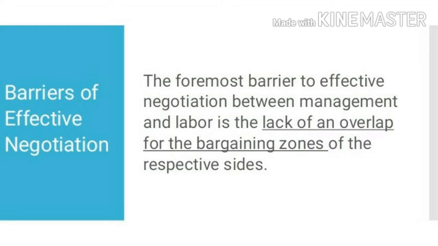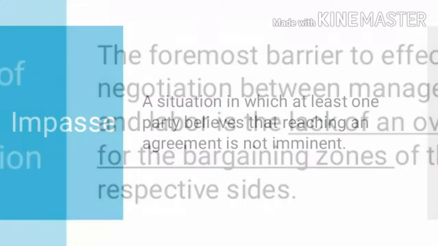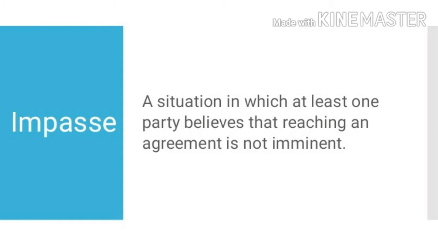then either side or both sides might declare that they have reached an impasse. An impasse is simply a situation in which at least one party believes that reaching an agreement is not imminent.